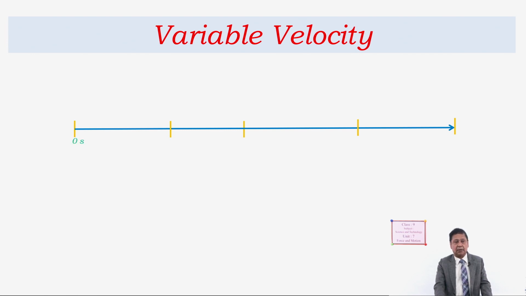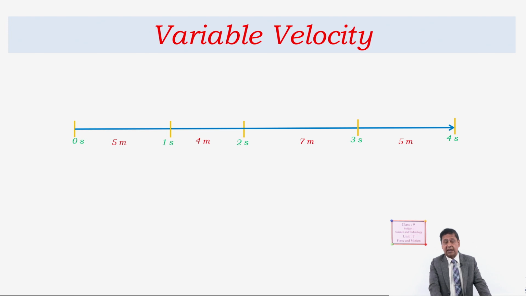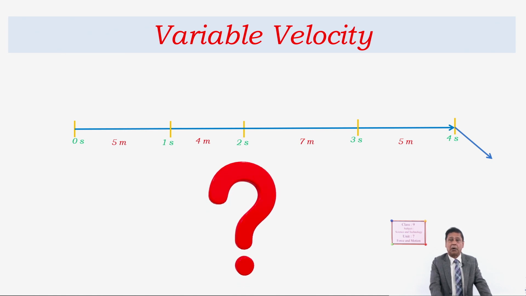Now if it covers first 5 meter distance and second 4 meter distance, in the third second 7 meter distance and the fourth second again 5 meter distance, then what is seen here is that in every equal time interval the body does not cover equal distance. If the distance covered by the body is not equal in equal time intervals, then the body is moving with variable velocity, or if it changes direction also, then the body is said to be moving with variable velocity.